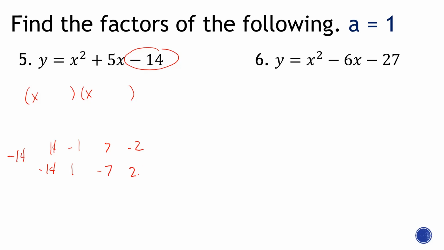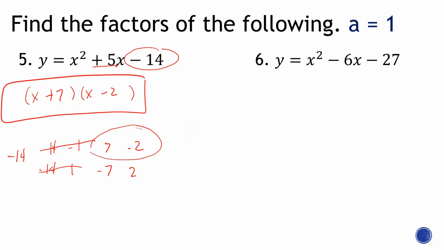Which one will give us a sum of 5 if we add? 14 and negative 1. Nope. Negative 14 and 1. Nope. 7 and negative 2. Yes. So that's plus 7, negative 2.